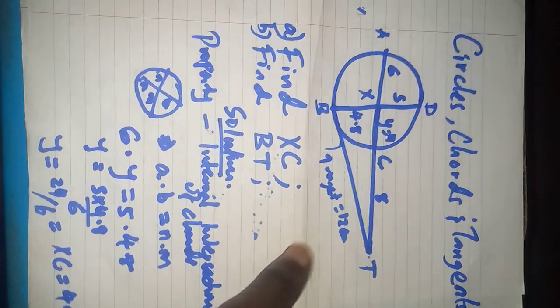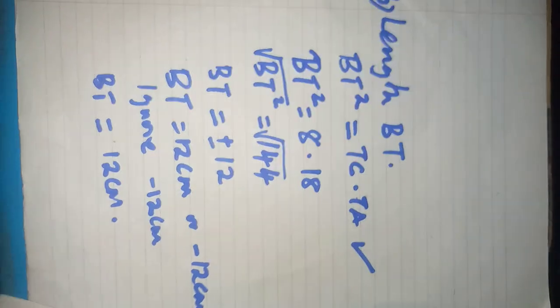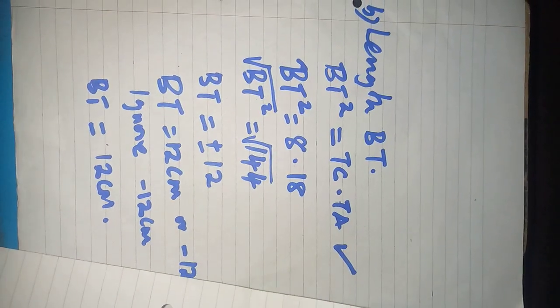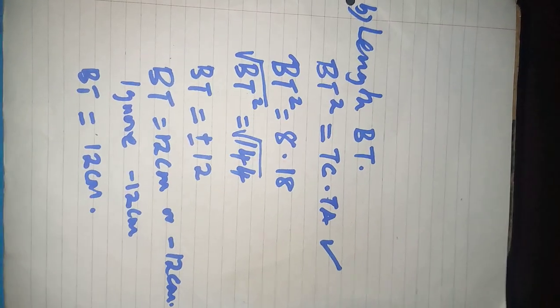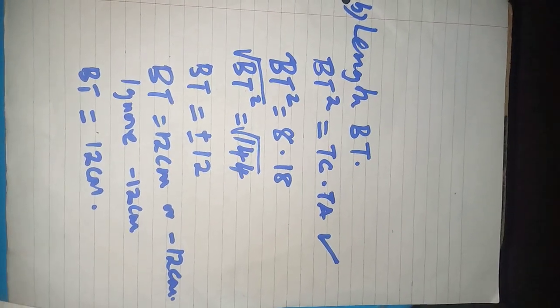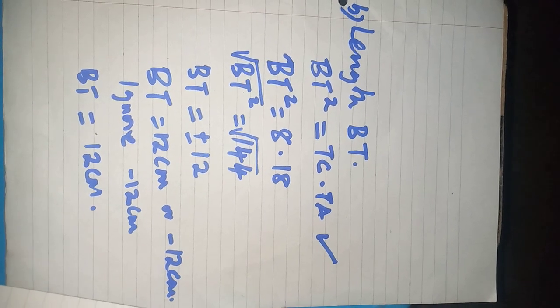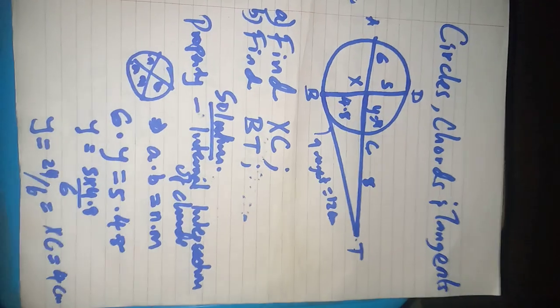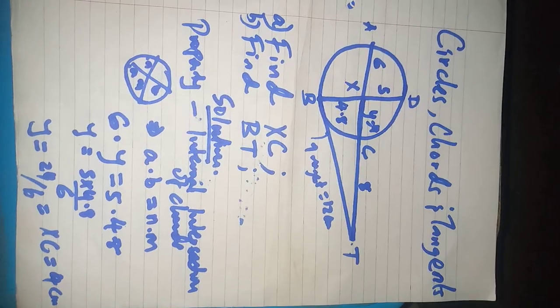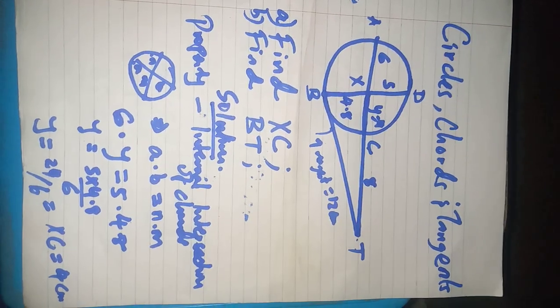For the second part, you are just multiplying the square of our tangent, then multiply by the length, external length of the chord. Till we meet again, bye.